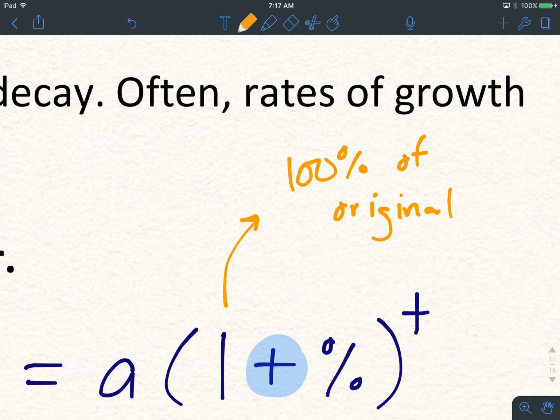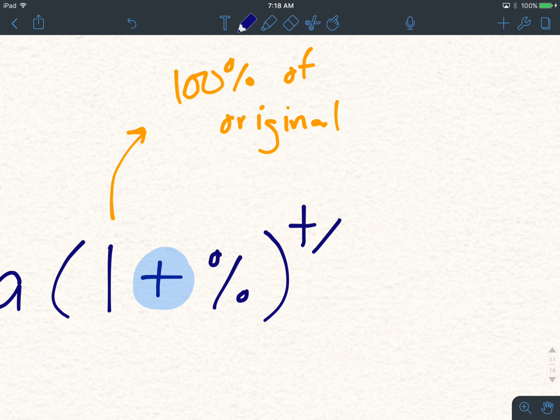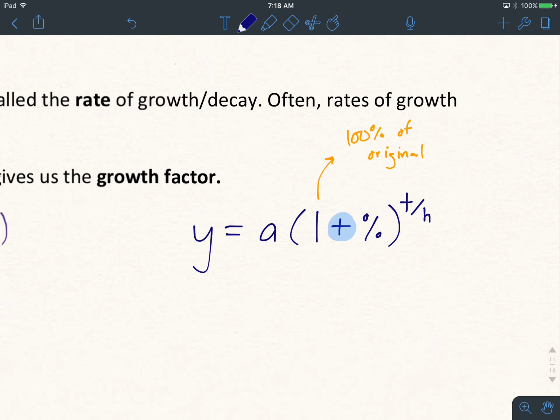So if I had $15,000 and my B value was equal to 1, then that would be 100%. It would never actually change. So that 1 there represents 100% of whatever we were starting with. Adding a percentage on is a way of including this growth into our equation. And I do always like to add that time, but I'm also going to make it over h, how long it takes for whatever growth to happen.